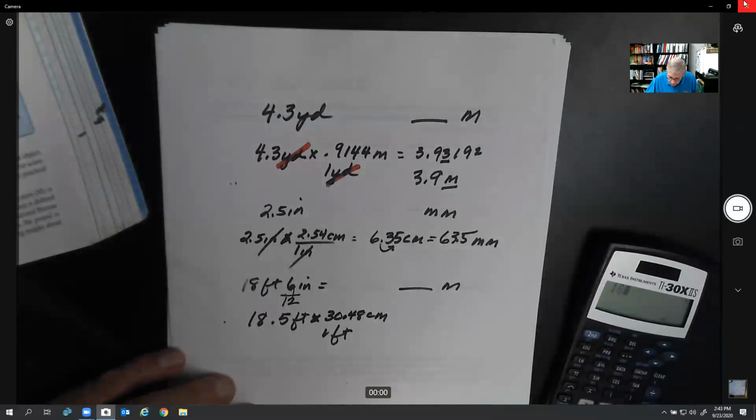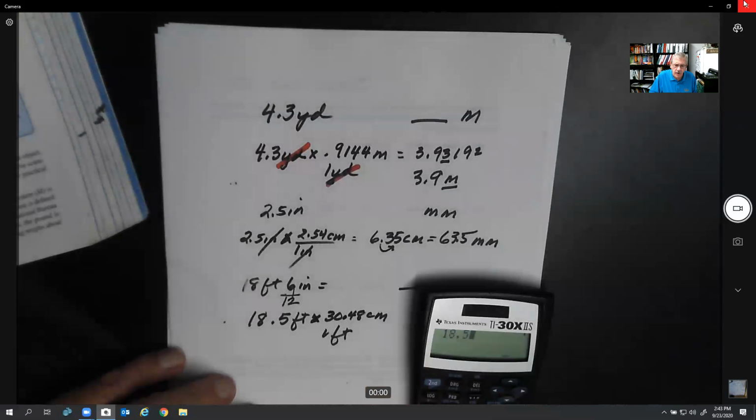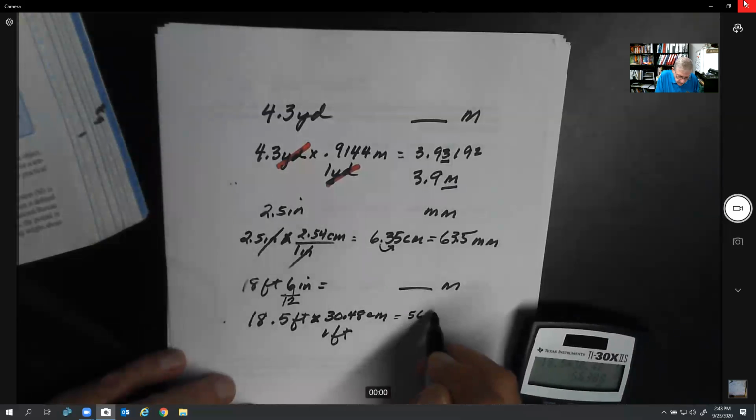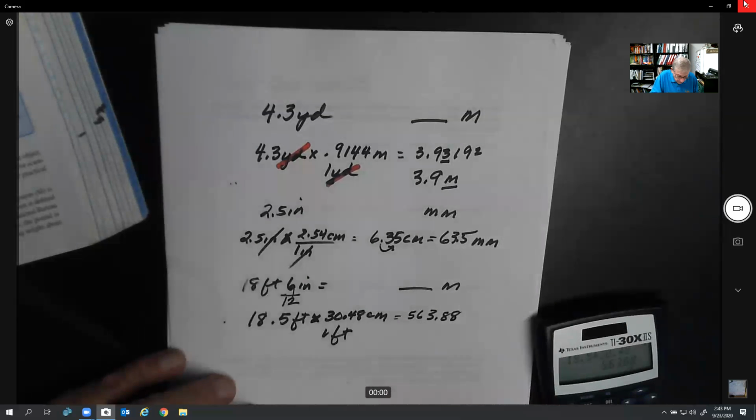It probably would have been easier to do it a different way. Who knows? Times 30.48. I come up with 563.88. And we could round that off if we want.